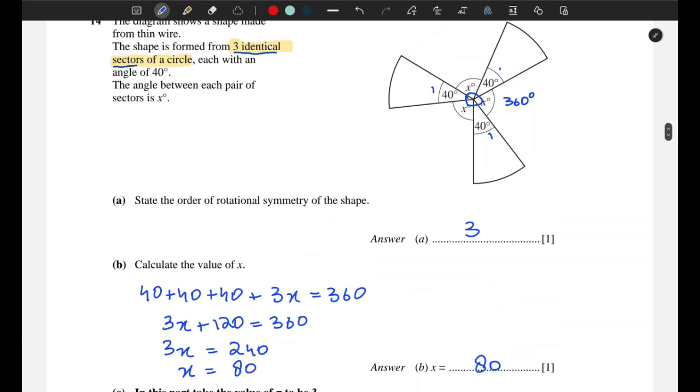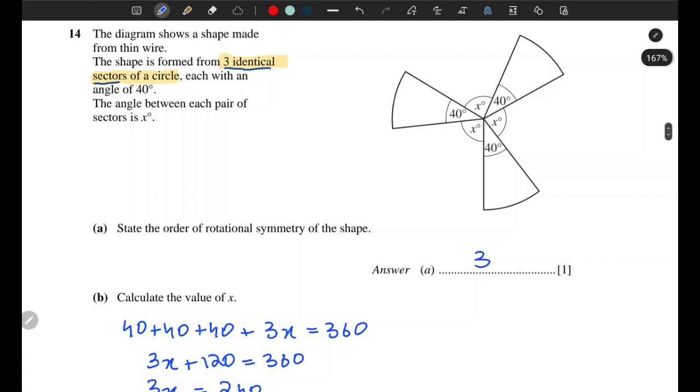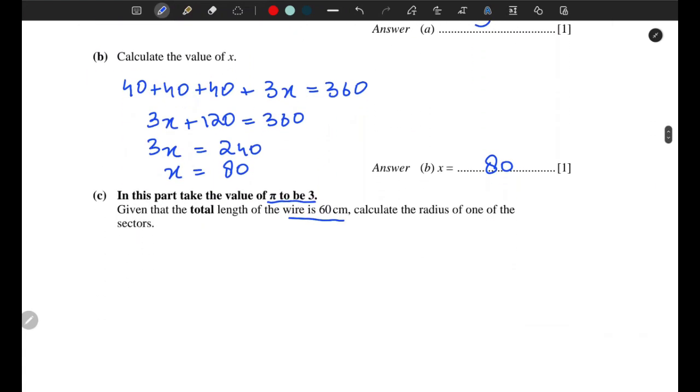Let's go back to the diagram. In the diagram you can see there are 3 identical sectors of a circle, and that is written as well. So we can easily say that one sector has 60 divided by 3, which is 20 centimeters of wire. Okay? That's pretty self-explanatory.